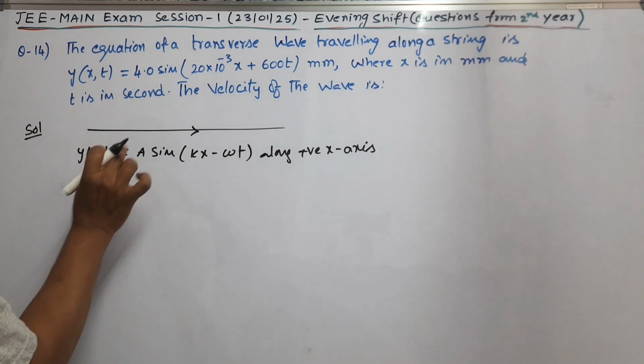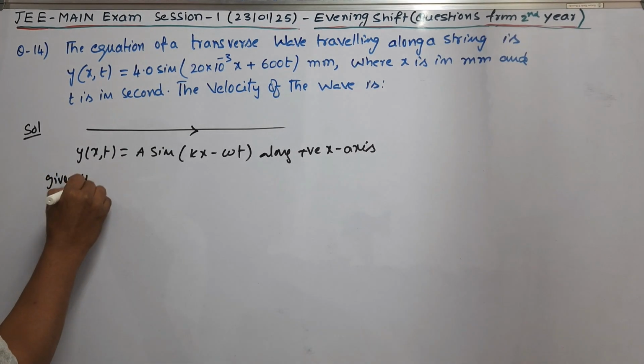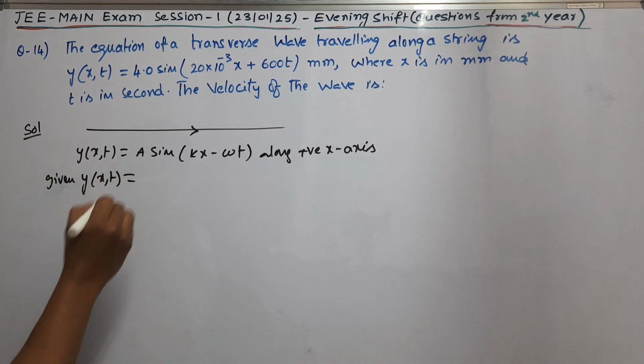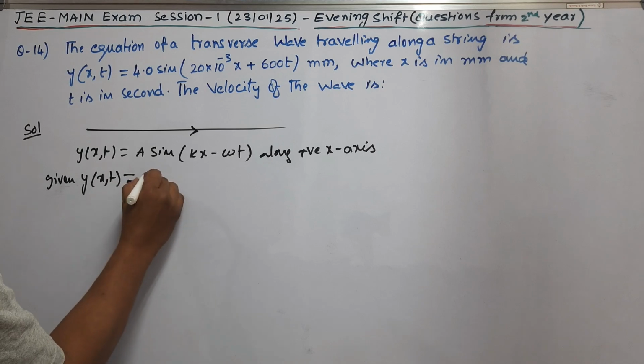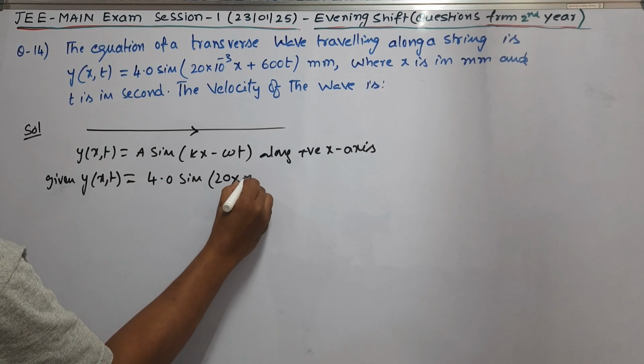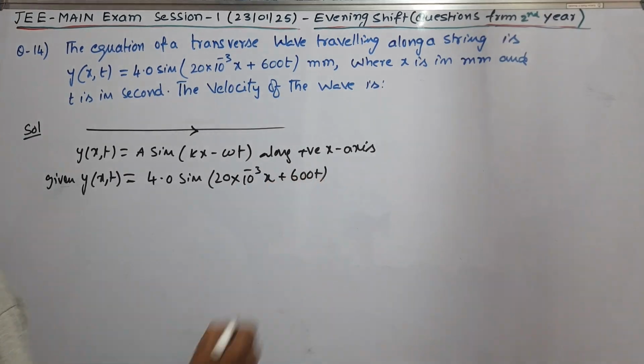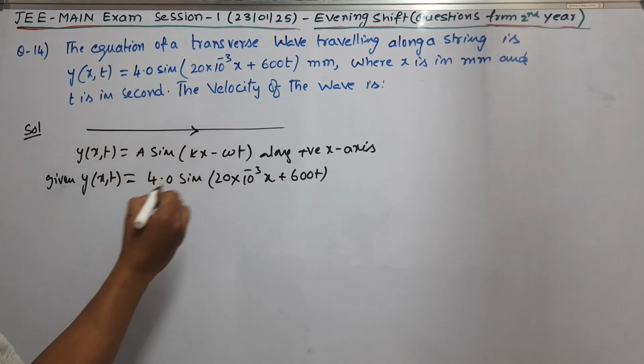Now, what is given? Given equation y of x comma t is equal to 4.0 sine (20 into 10 power minus 3 x plus 600 t), where x is in millimeter. So, what is the velocity?